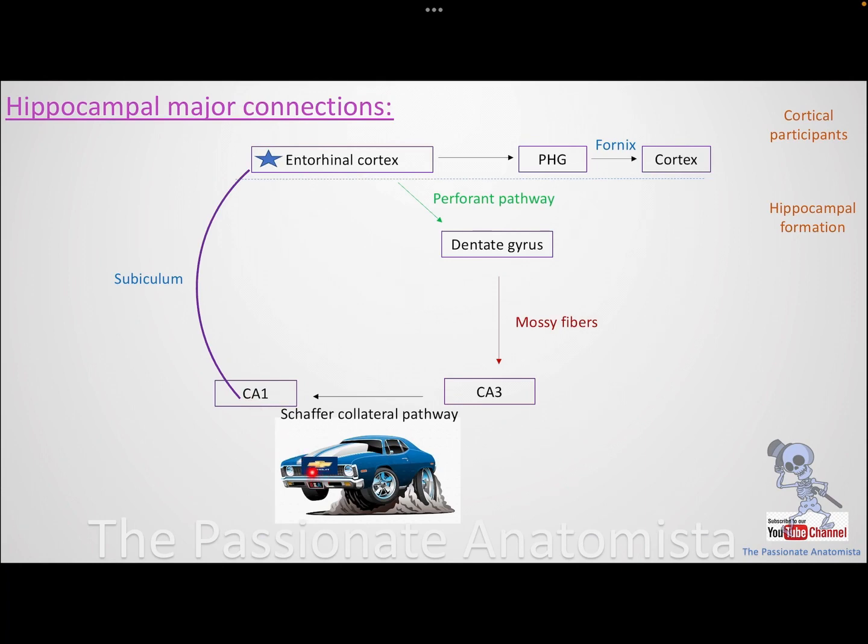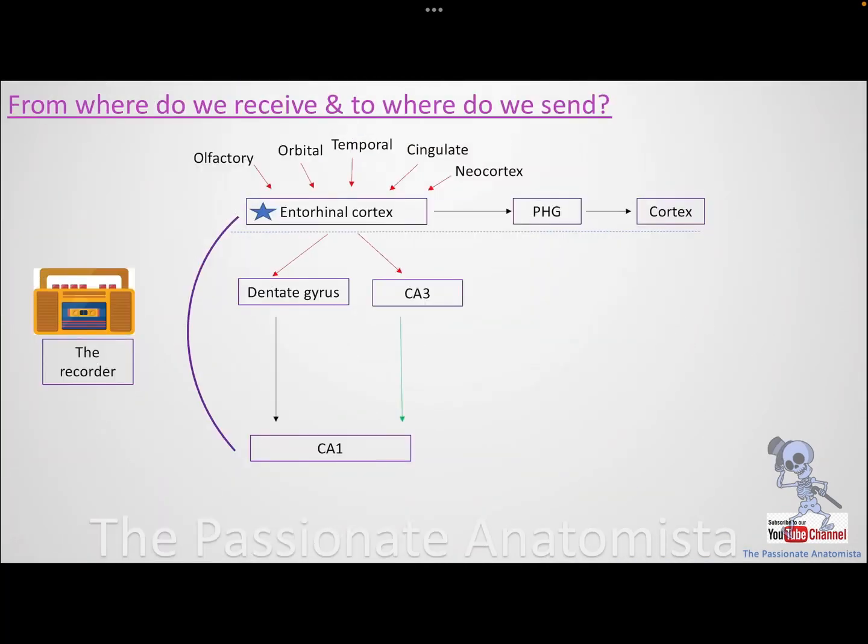This is going to be by the Schaffer collaterals. Schaffer is another name for the Chevrolet cars, in the Middle East. So remember that the Schaffer collateral is the car that will speed you up from CA3 to CA1. And from CA1, it's your transition to the cortex. Remember, subiculum means transition. This is the last part of the hippocampal formation, and it will take you out of the hippocampal formation to the cortical areas.